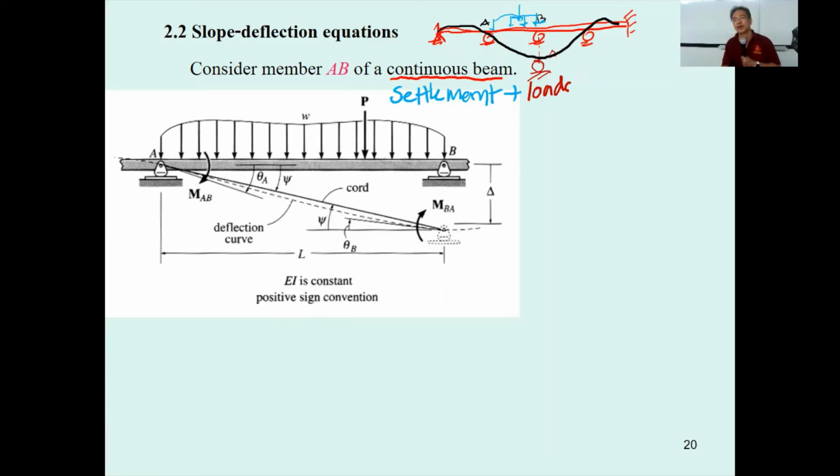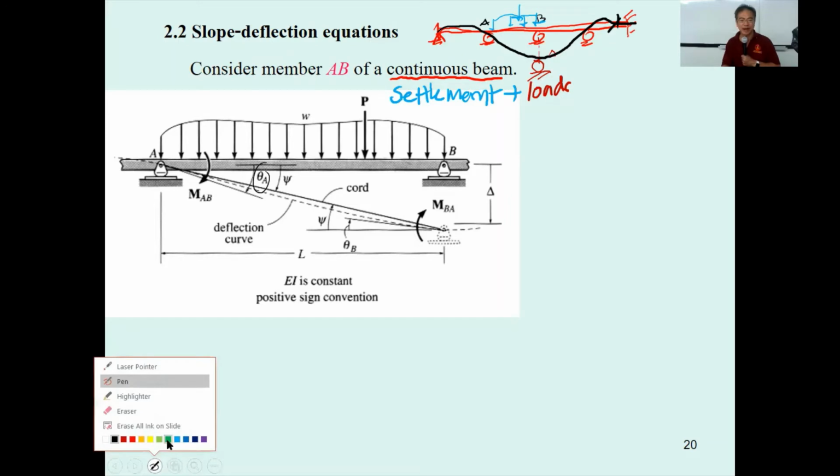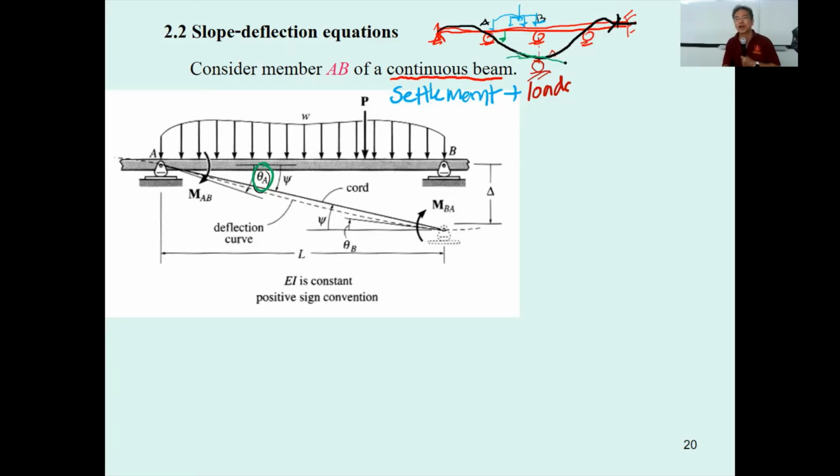We have the zeta sub A over here, that means we have this one for the zeta sub A. And we also have the slope with respect to the horizontal line, zeta sub b here. And then if you consider the settlement delta here, the settlement delta will make the beam have the chord like this.